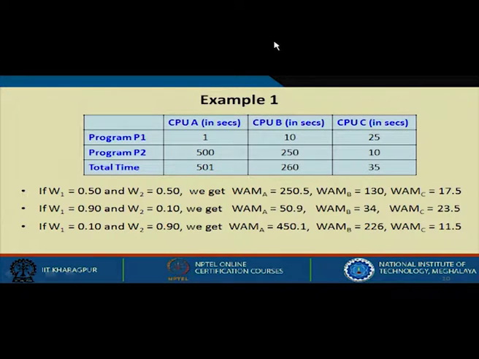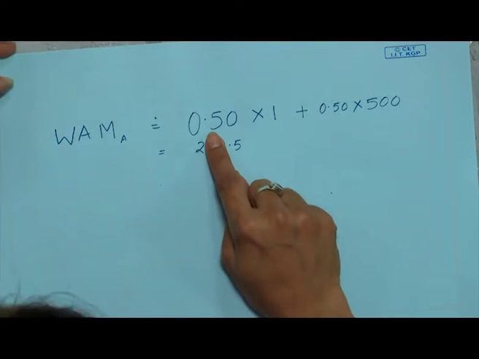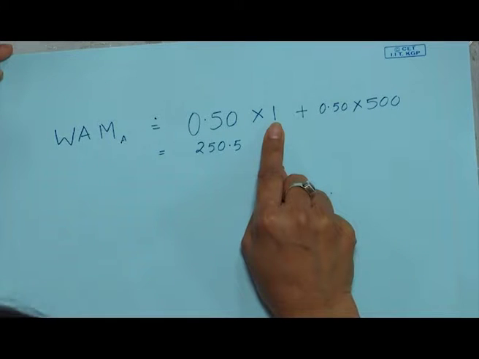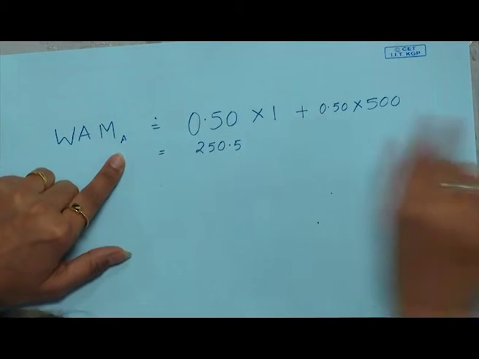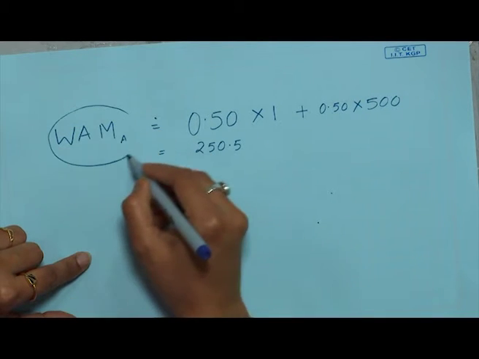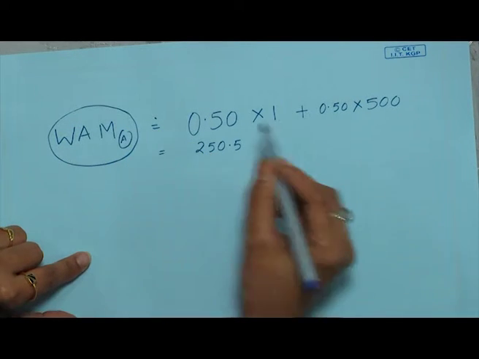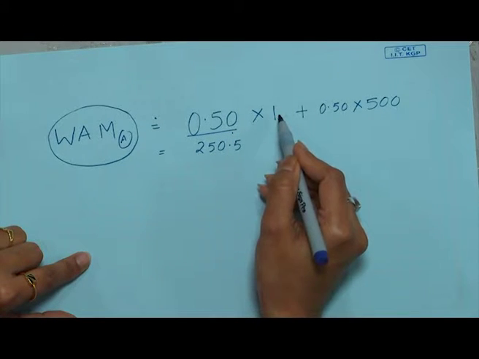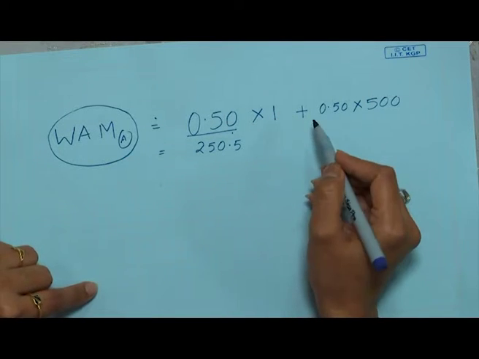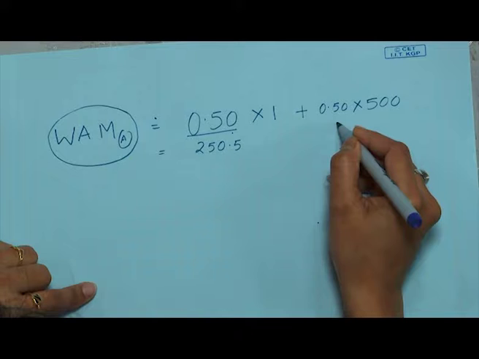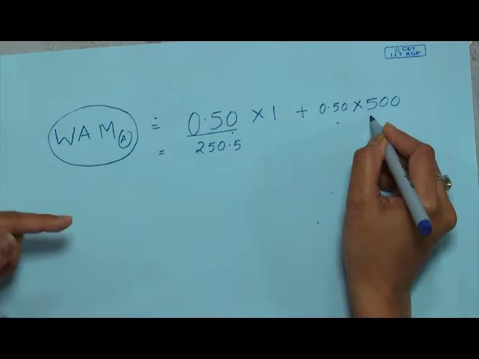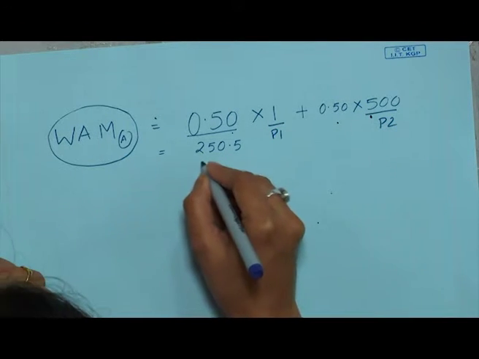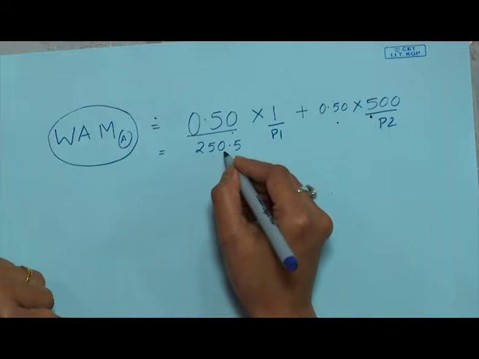Here you can see that 0.50 is multiplied by 1 for program P1 for CPU A. So, this is the weighted arithmetic mean for A. We are multiplying this weight with the time, that is 1, and similarly we are multiplying 0.50 into 500, which is for program P2. This is for P2, this is for P1, and we are getting the weighted arithmetic mean as 250.5.